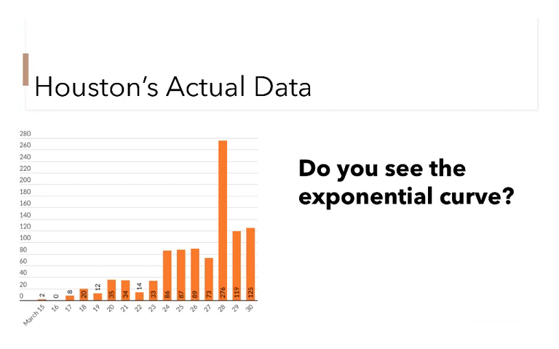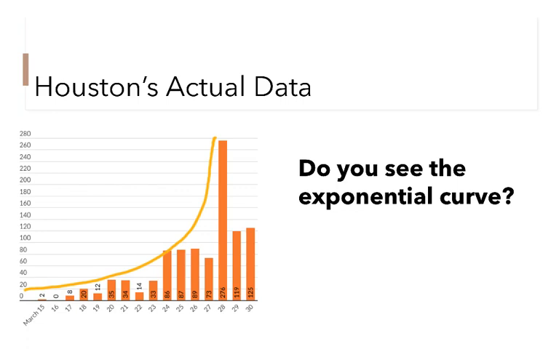Okay, so this is Houston's actual data. So the numbers that I picked before were approximate to show you what an exponential curve would look like. So do you see the curve here? So it started, and then we got more and more in this huge spike right here on March 29th. So on March 29th, we had a huge number of cases.